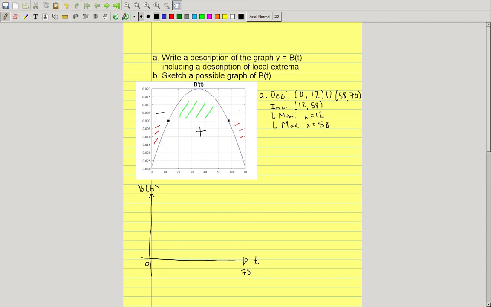So if I have some sort of local min, it's going to occur at about 12. And if I have some sort of local max, it's going to occur about 58. And so we have a function that decreases up to this point, increases up to this point, and then decreases for the rest of its domain. Okay? And again, we're just following the patterns based on the fact that this is a graph of the first derivative. So here's our sketch.